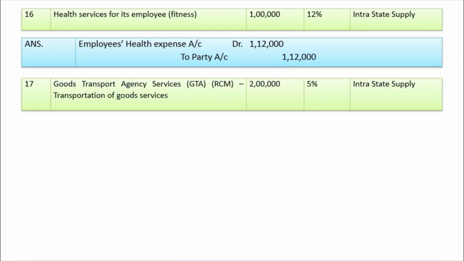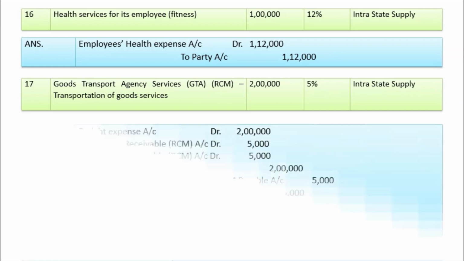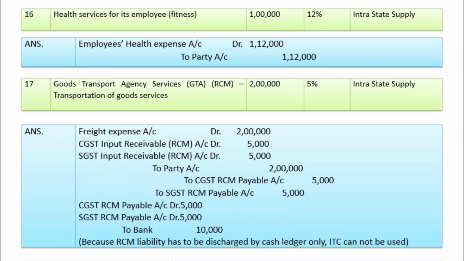So here the entry is: freight expense account debit, CGST input receivable account, SGST input receivable account, that is RCM account debit, to party account, to CGST RCM payable account, to SGST RCM payable account. Why is CGST input RCM account debited?